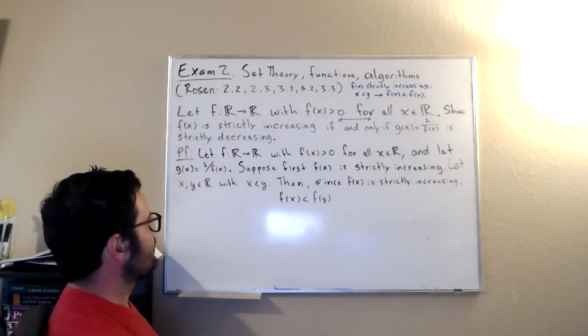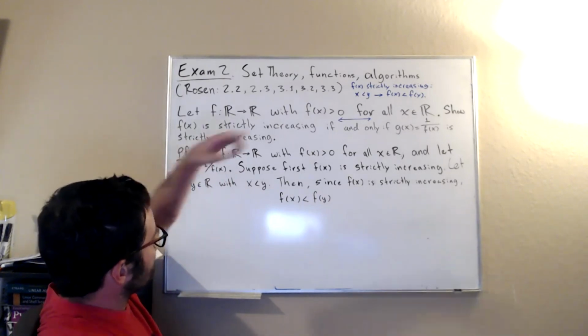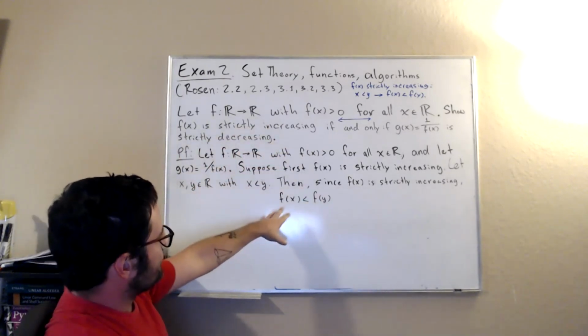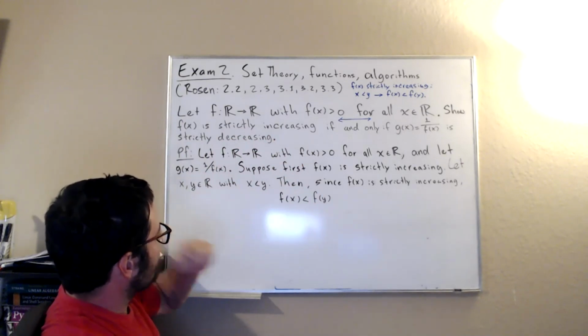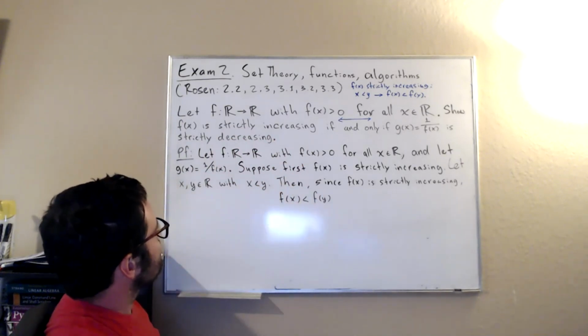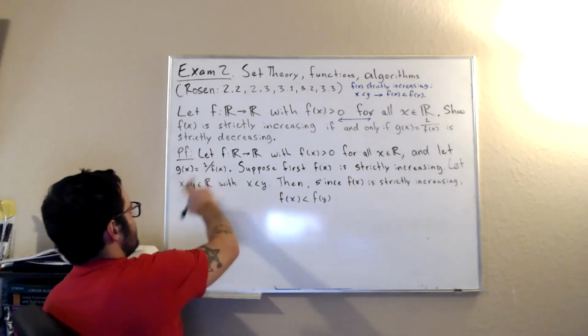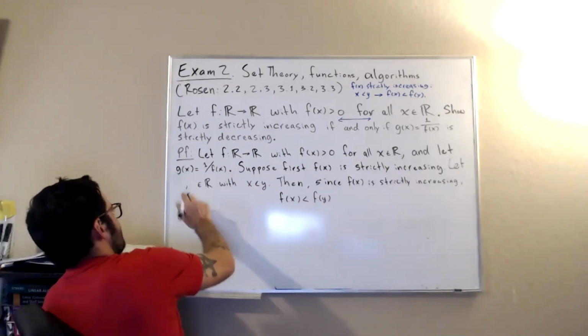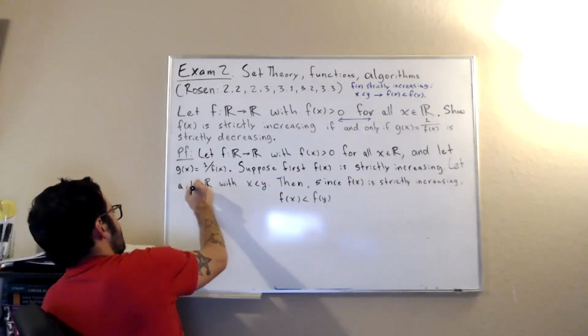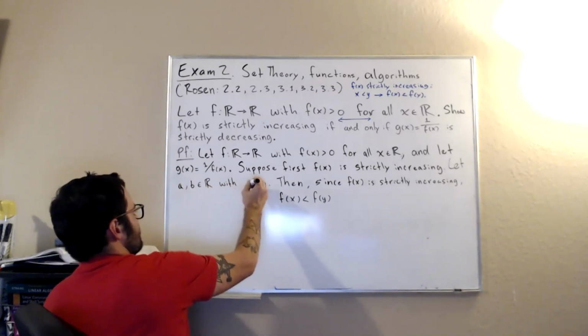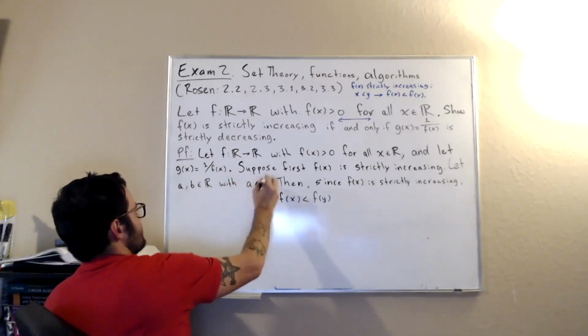Actually, the x is kind of confusing here because we're using it in different contexts, so maybe just take a and b with a less than b.